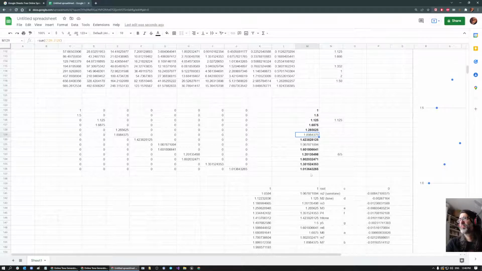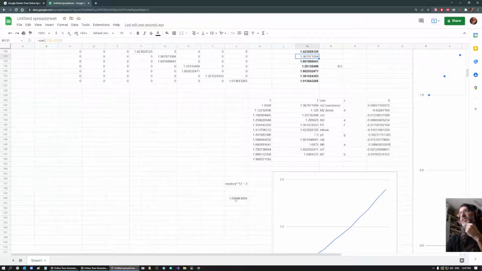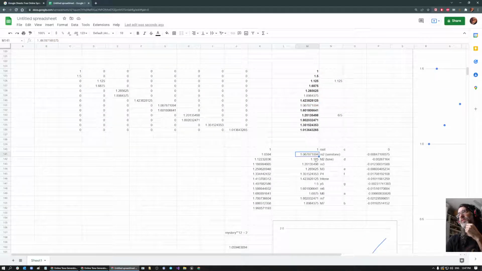And this one, that's our semitone also. It's really not a small ratio, but we need it. It's close to the mystery number, so we're happy. It's going to be our first guy here.